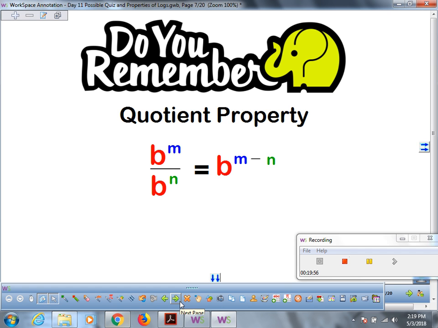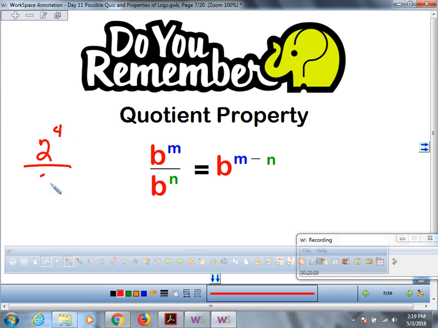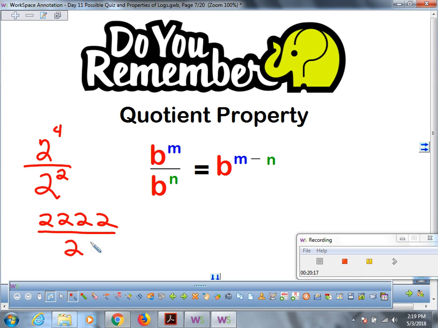Okay, why is it minus? Let's talk about that for a second. So if I had 2 to the 4th and 2 squared, aren't I going to subtract 2 of them? Make sense?